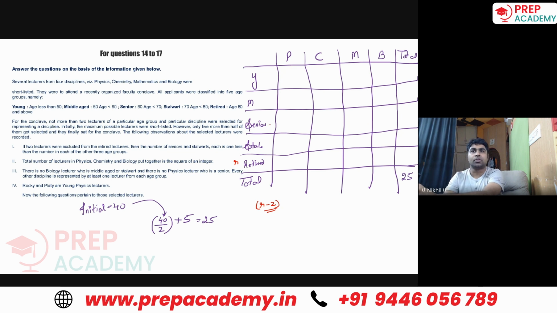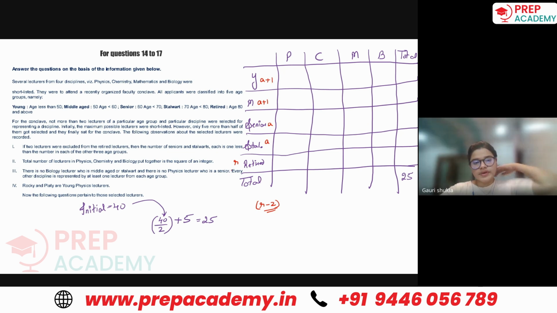So if the senior values is A and A, now this A and A each is one less than each of the other 3 age groups. That means this would be one more and this would be one more, isn't it?